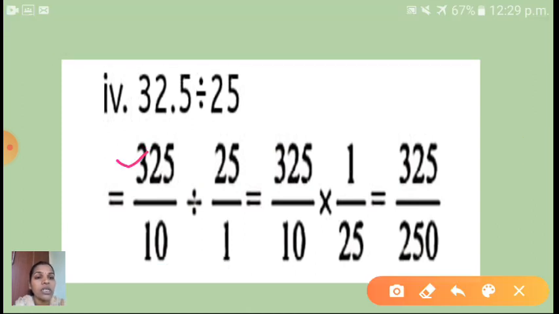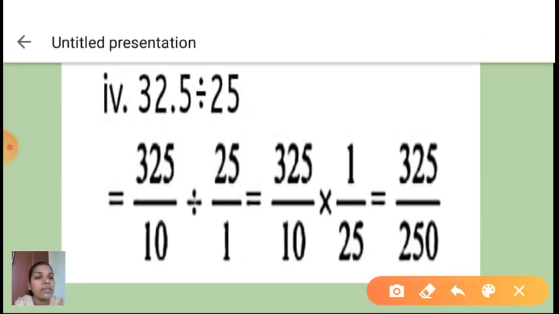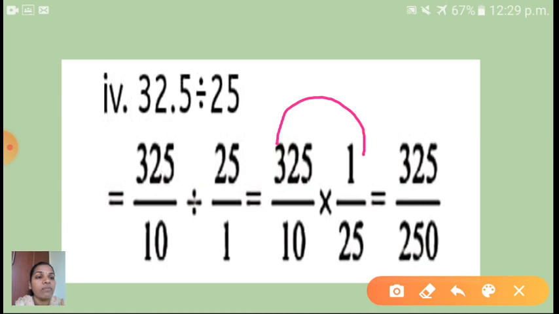This fraction you have to write, and this sign you have to convert into multiply sign. And reciprocal of this fraction you have to write, that is 1 upon 25. And next one is 325 into 1 is equal to 325 upon 10 into 25, that is 250.